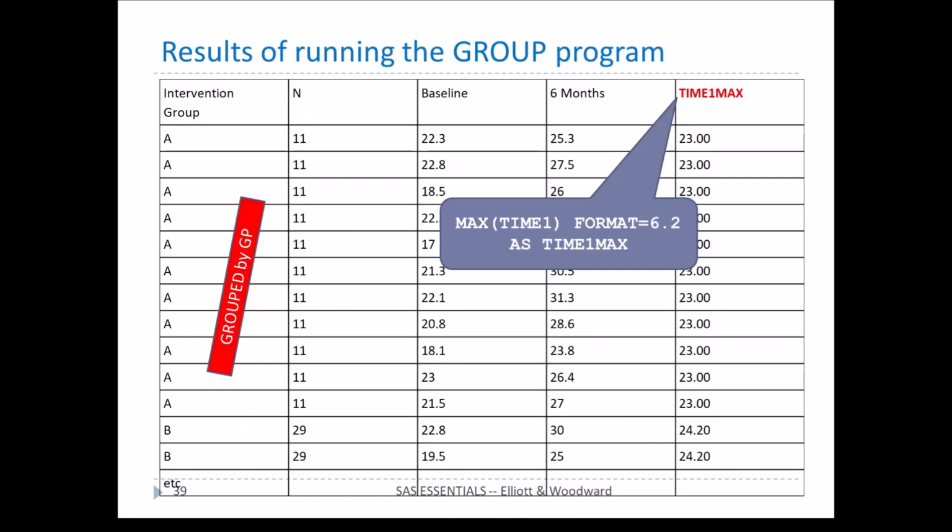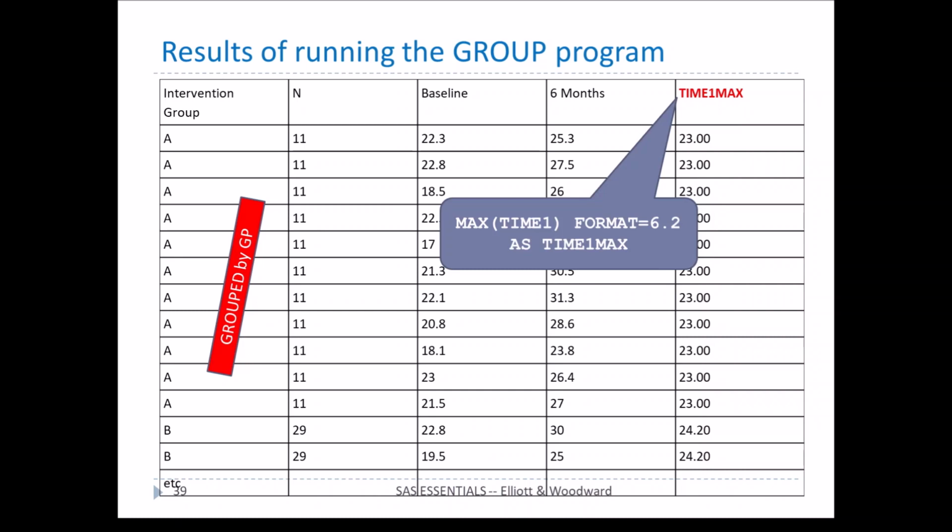I'll go back just a second, and again we can see that the maximum of time 1 in this case was a 23 within the group, and then when the group became B, the maximum was 24.2. So it's the maximum time 1 within the group.